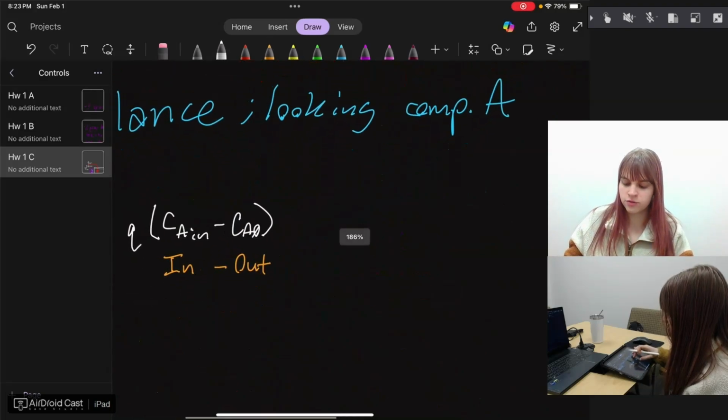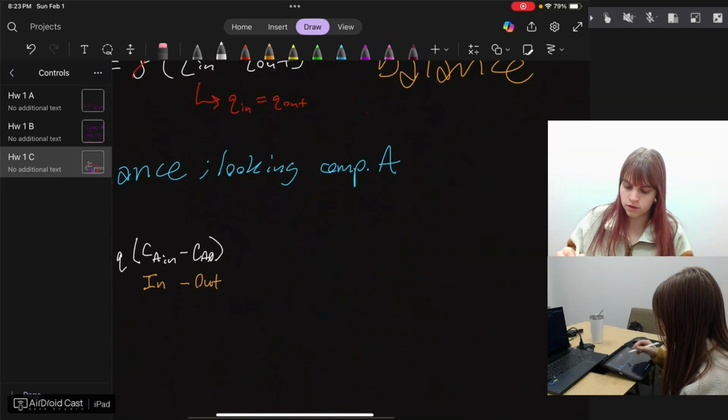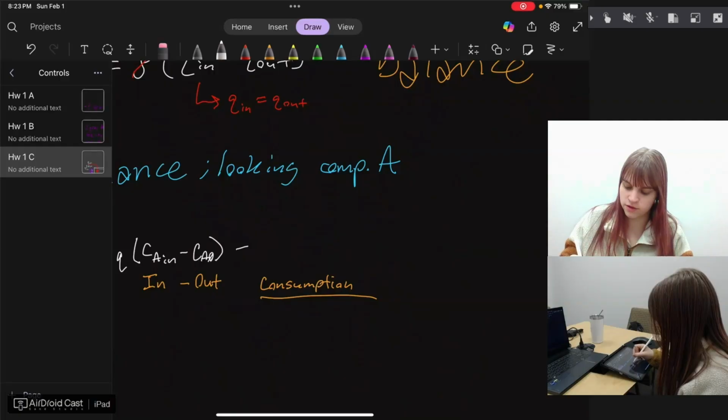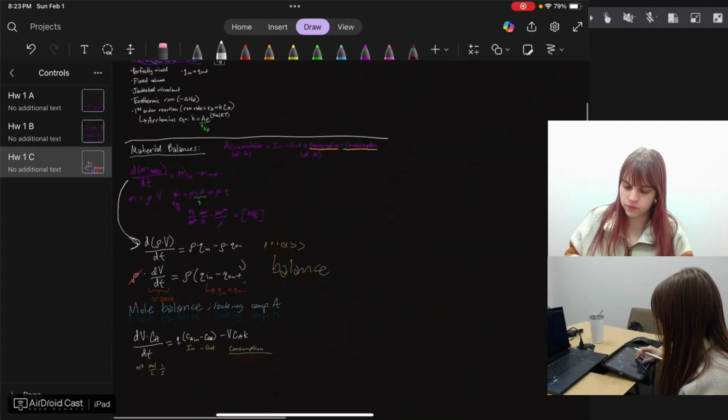But how do we visualize this consumption? We're going to subtract the volume times the concentration of A times its K value.